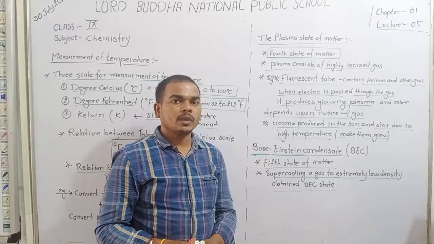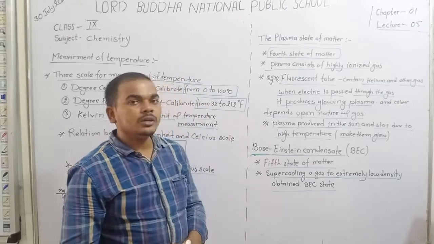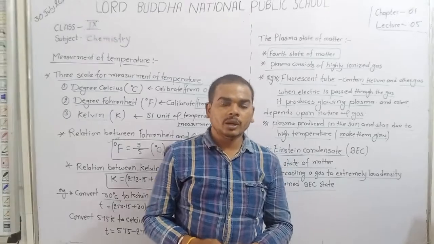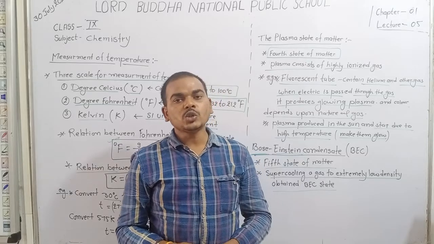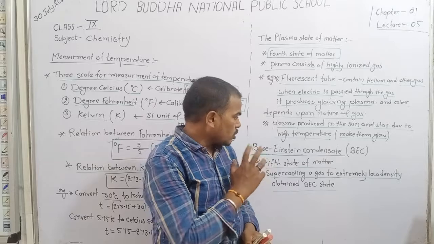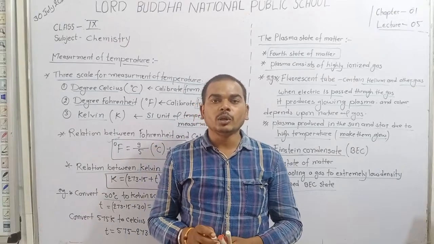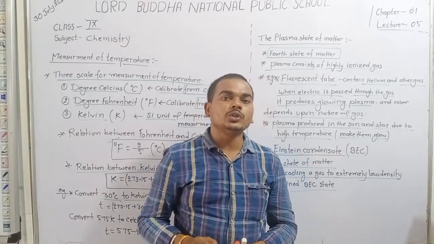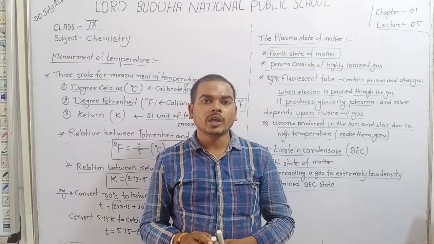Dear student, after this lecture the chapter has ended. Please write down the contents of this chapter on the board and solve the questions given in your NCERT book. Thank you very much.